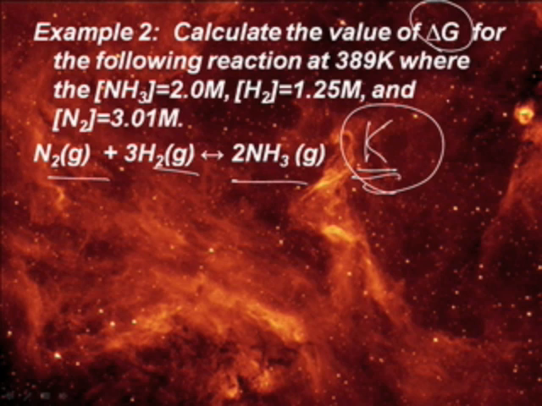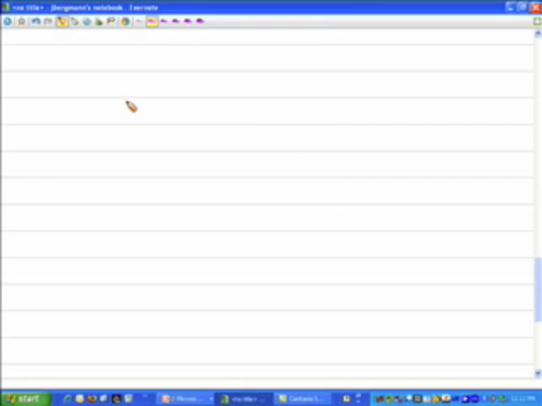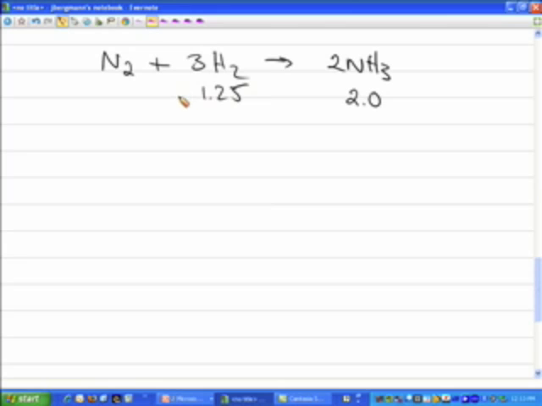Okay, so the reaction is the classic N2 plus 3H2 makes 2NH3. It's at equilibrium, so we have 2 molar ammonia, the hydrogen is 1.25 molar, and the nitrogen is 3.01.